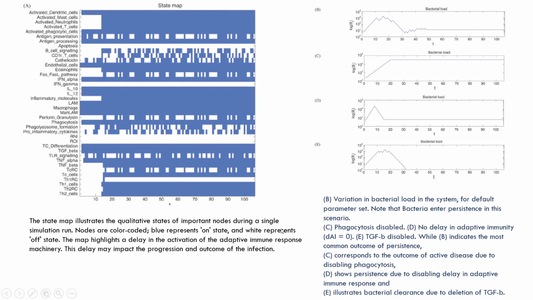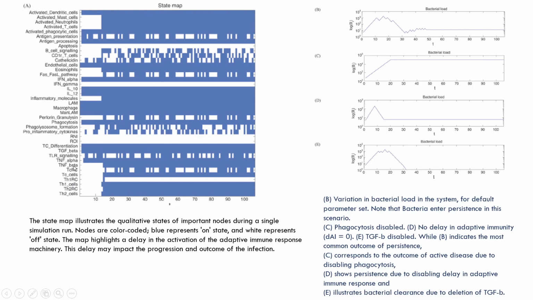These are the other results from this simulation. If you see, this is what is known as the state map, and it shows what the active states are. The blue represents the on states, and the white represents the off state. One thing you notice in this state map is the adaptive immune responses. For example, activated mast cells, activated neutrophils, activated T cells, or if you come down here, Th1 cells, Th2 cells, TNF beta.